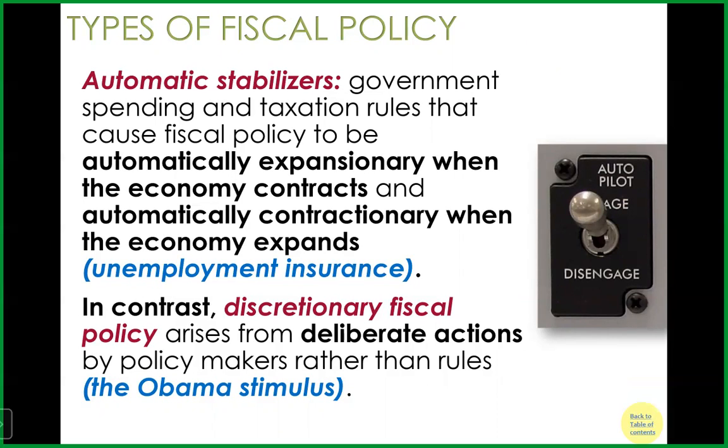What are the differences? Maybe I'll just give you an example, it's probably better. Okay, automatic stabilizer: a good example is unemployment insurance. In contrast, discretionary fiscal policy is what? It's, for example, the Obama stimulus or the Biden stimulus plan.